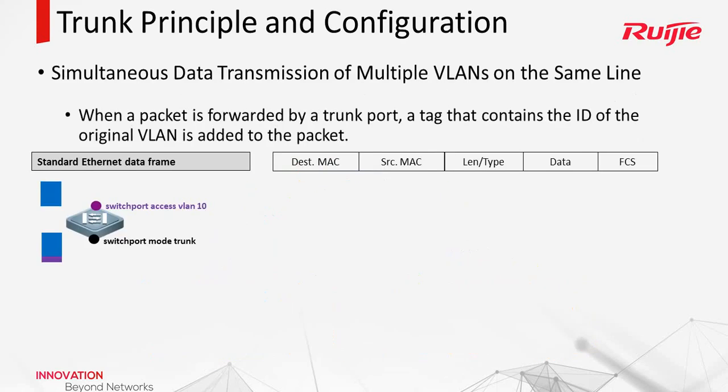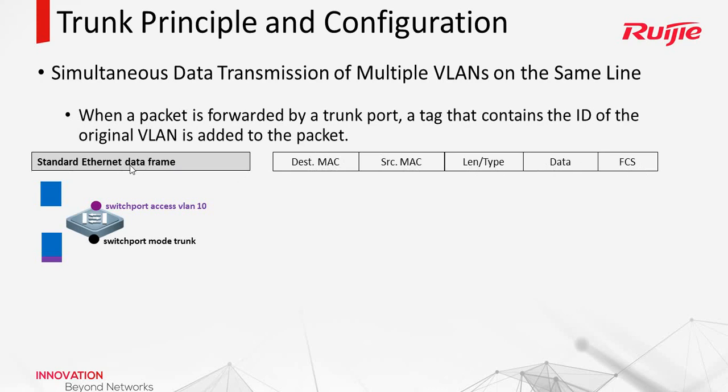So now let us see what the VLAN format is. Here we call it the packet frame, because we know the frame is in the data link layer. In one frame, there is the destination MAC address, source MAC address, length, type, data, and FCS.